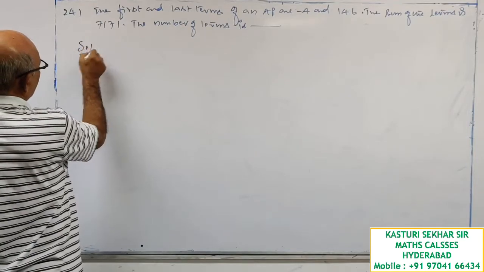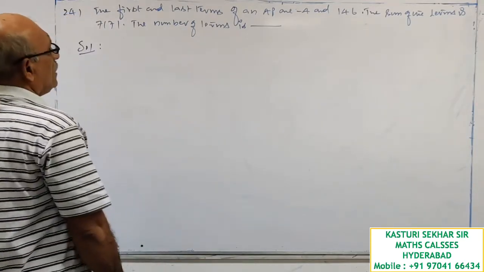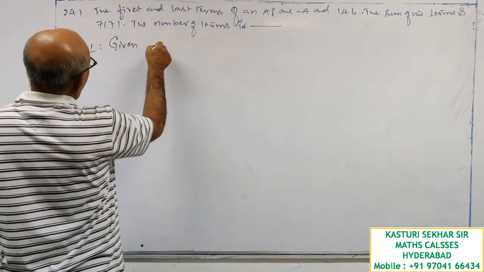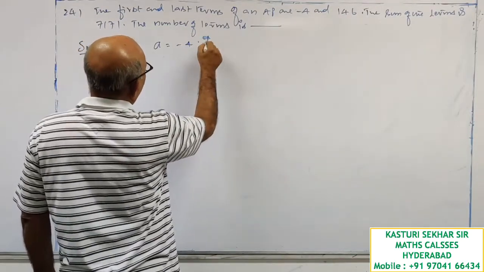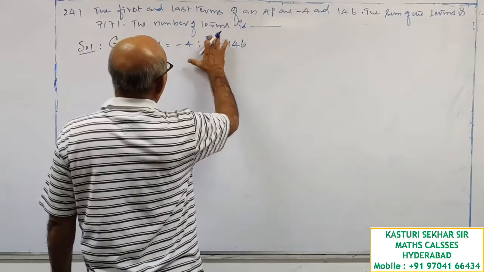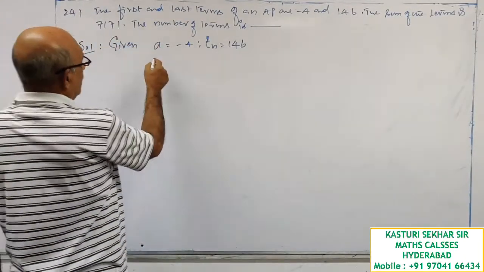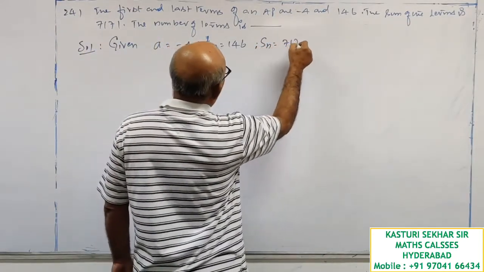See the solution. Given A is equal to -4, Tn is equal to 146, and Sn is equal to 7171.